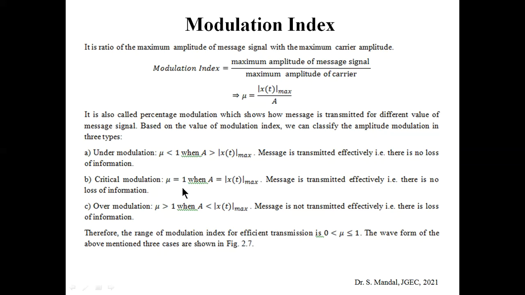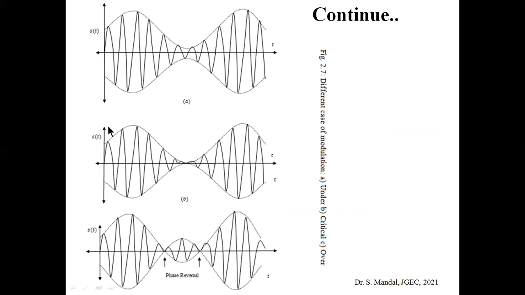Critical modulation is when mu equals 1, that means when A equals x(t) max. You can see that if the maximum amplitude of the message is the same as the maximum amplitude of the carrier, then what will happen? At a certain point they will touch each other, because the minimum amplitude will be A minus x(t). If they are the same, at a certain point the amplitude of the carrier will be 0.